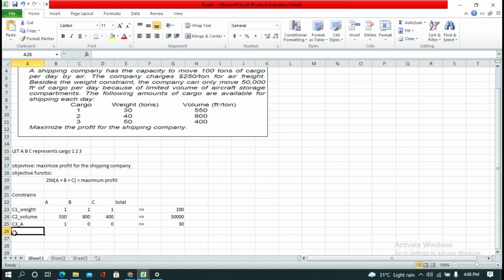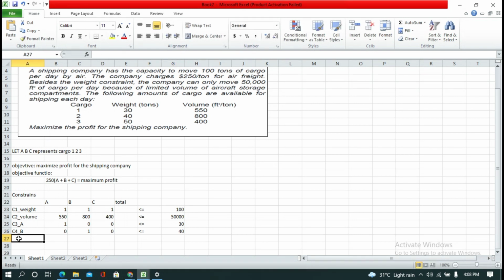And then the fourth constraint is for cargo 2, represented by capital B. From the table, its maximum weight that can be carried is 40. So for A we have 0, then 1 for B, and 0 for C, and cargo B must be less than or equal to 40.